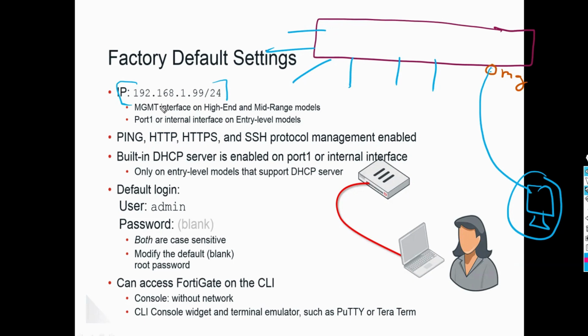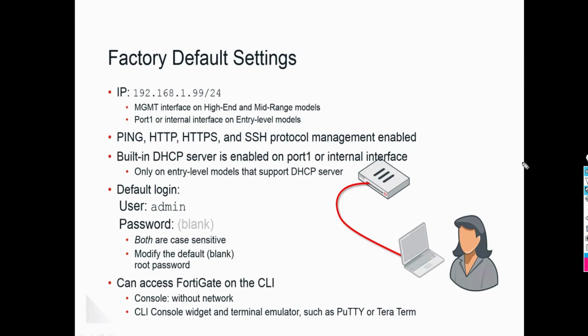If an IP address is available, you can configure the same series of IP address on your PC. By default, on this management port, Ping, HTTPS, and SSH are enabled in high-end or mid-range models.